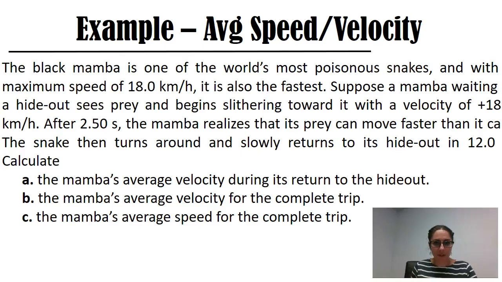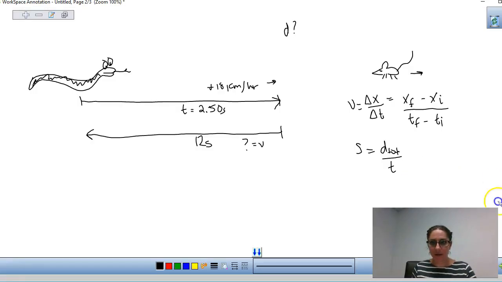So, I'm actually going to skip to part B, the average velocity for the complete trip. Well, it returns back to its hideout, so no calculation needed for that one. The average velocity for the total trip is actually 0.